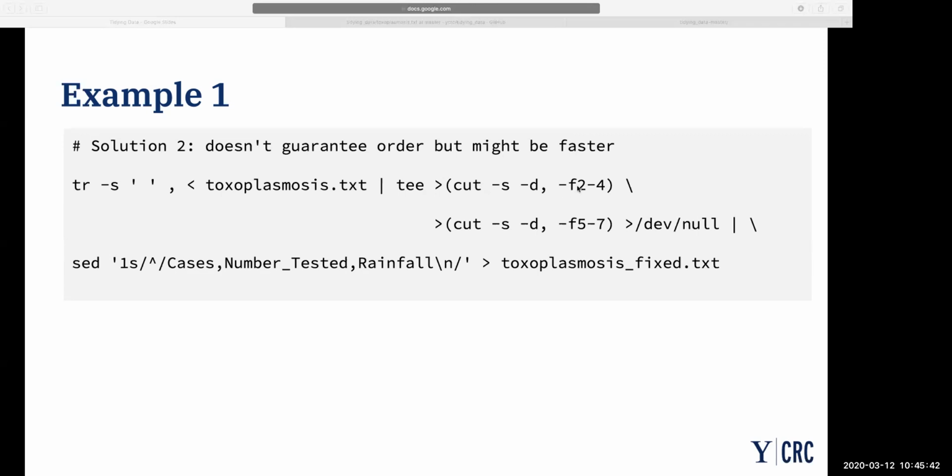But I have to skip the very first column because it's the empty one, and just take 2 through 4 and 5 through 7. And similar to solution one, output those 2 columns separately, and then pipe those 2 things through that same sed command. So add our header, and in one very hideous command, fix this piece of data.